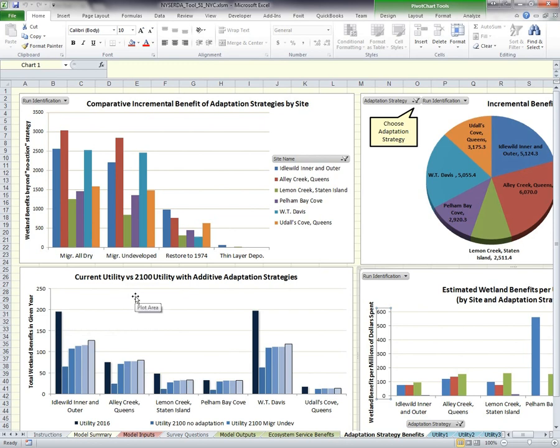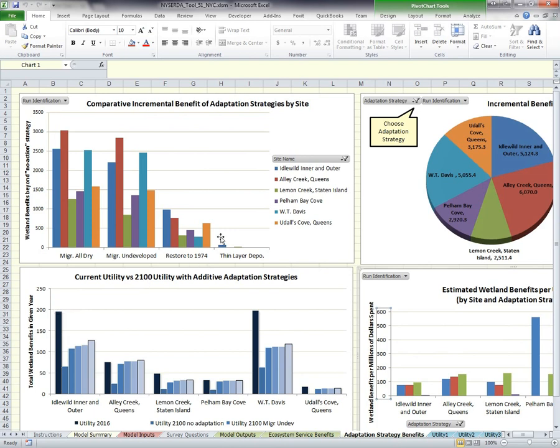Now for this run, this only occurs for Alley's Creek, Pelham Bay Cove, and maybe Udall's Cove is not quite making up for it, but it's close. So it's a different set of assumptions that we're working with here.